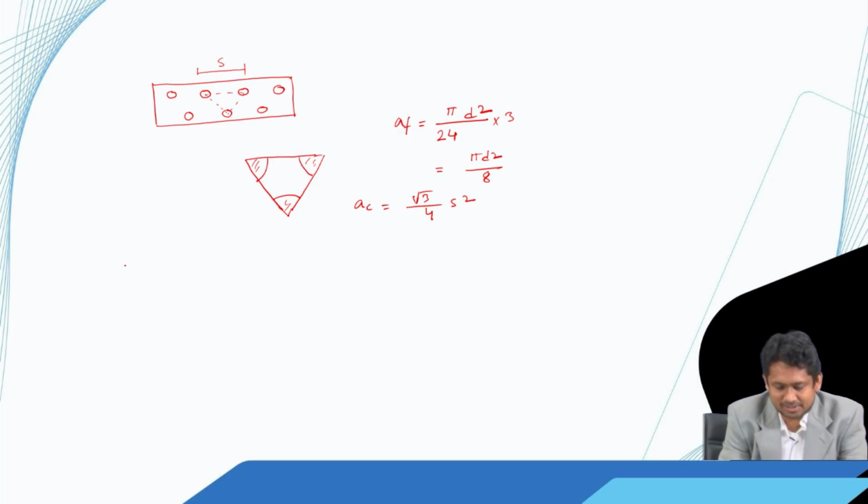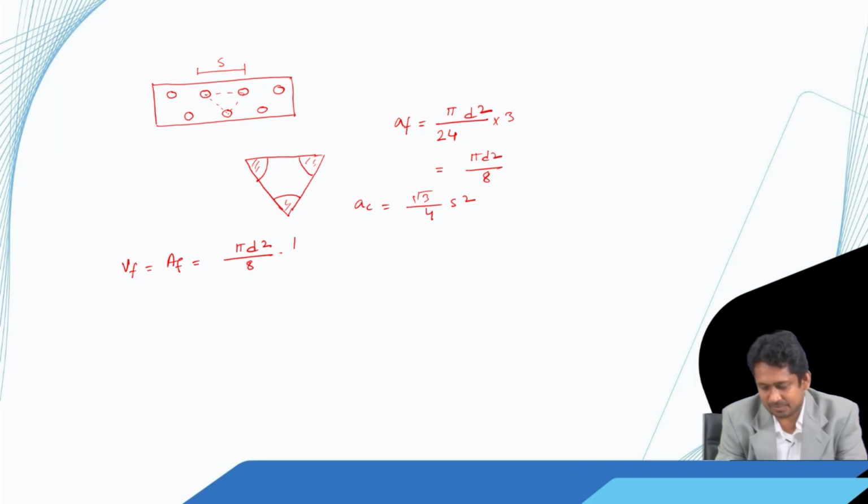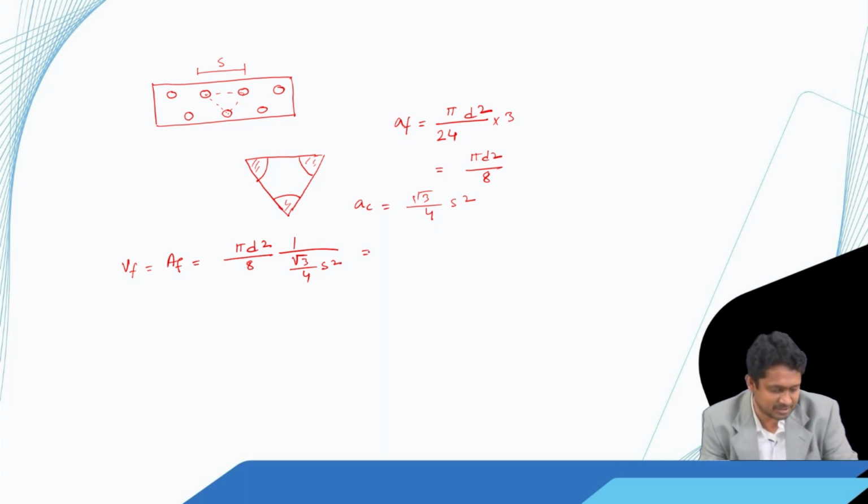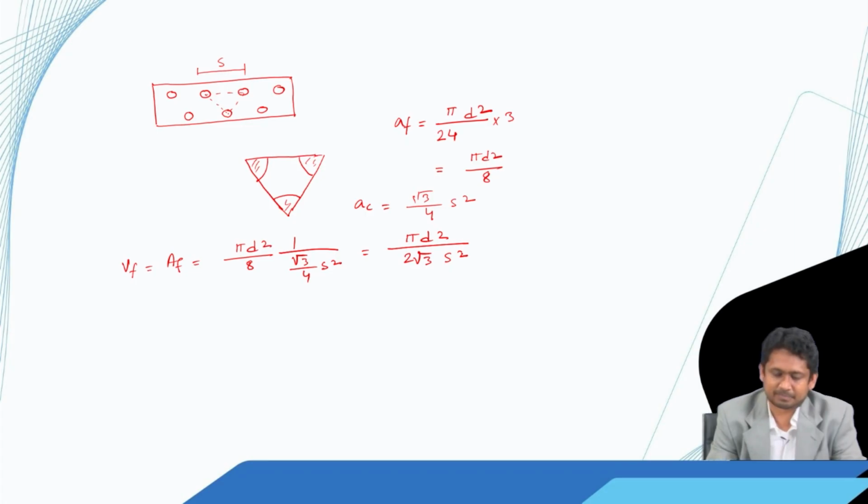So, the fiber volume fraction is equal to the fiber area fraction, and that is equal to pi d square divided by 8 divided by root 3 by 4 s square, and that gives us this expression, pi d square by 2 root 3 s square.